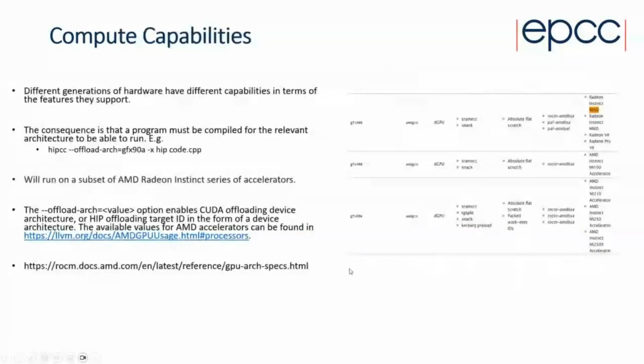The other thing you need to be aware of when compiling for GPUs is the difference in what's called compute capability. Effectively, what this says is you need to tell the compiler what architecture you're targeting.